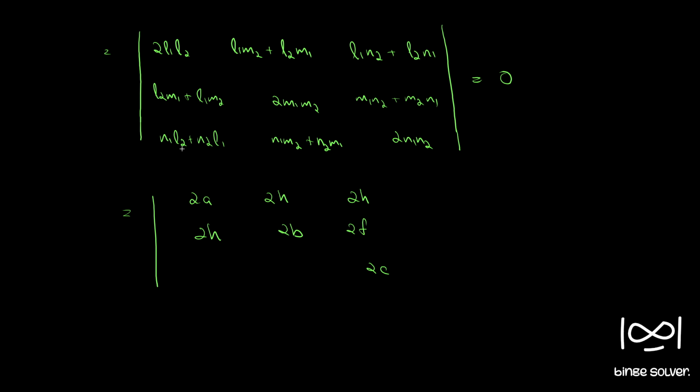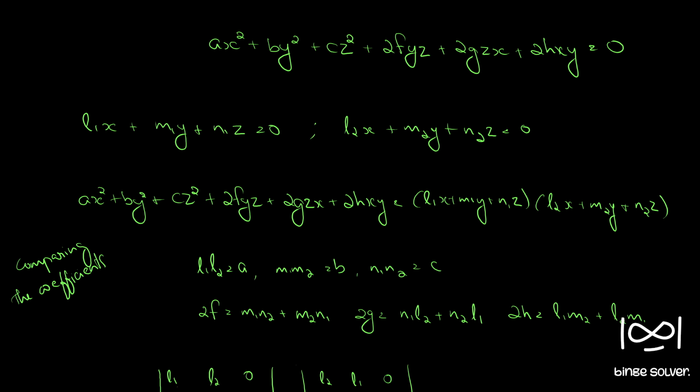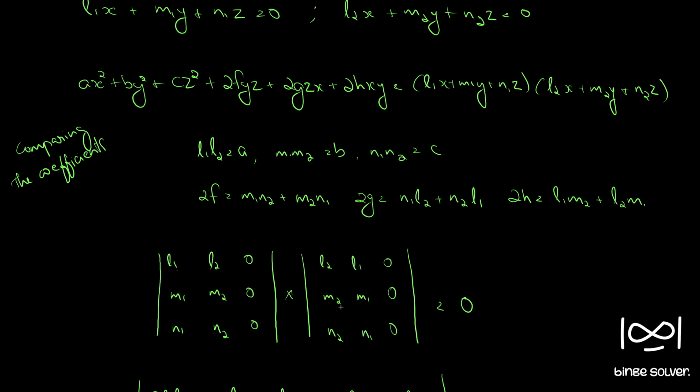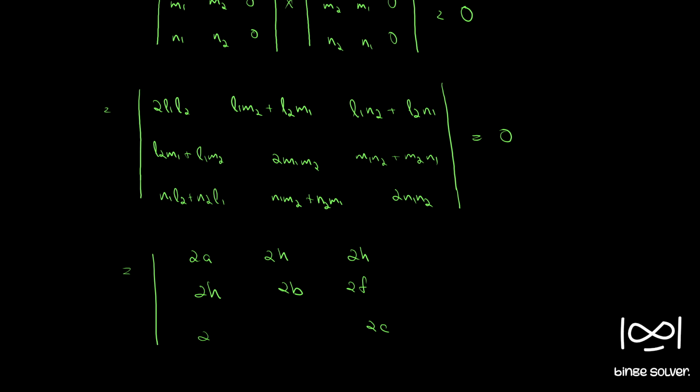N1 L2 plus N2 L1, same as this, is 2G. I wrote it as 2H earlier, it should be 2G, so the same as here.